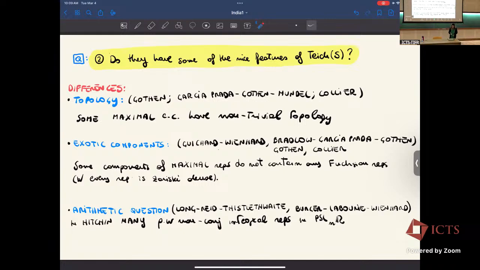I think of the really powerful results of Long-Reid and Thistlethwaite, where in the Hitchin component, I think they study SL3R, and they find many pairwise non-conjugate integral representations. Because you have more space. I will say nothing more about this, but I just wanted to mention that in some cases the behavior is not always the same.